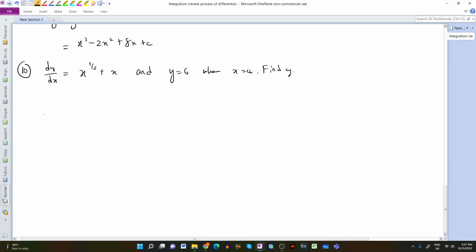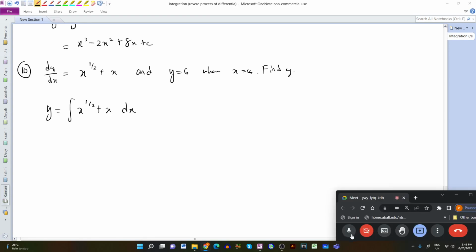So basically for this question I want you to find y first. Okay, you integrate this. Once you integrate this, let me know.